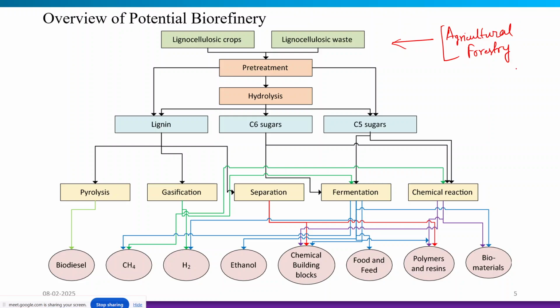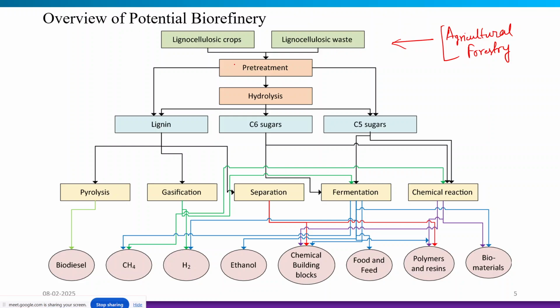So mainly we are getting biomass feedstock from these two sources, and from these two sources, those biomass are mainly categorized as lignocellulosic crops, or considered to be lignocellulosic waste product.